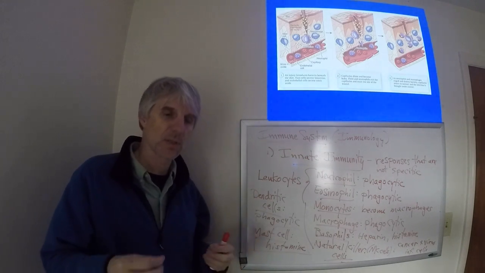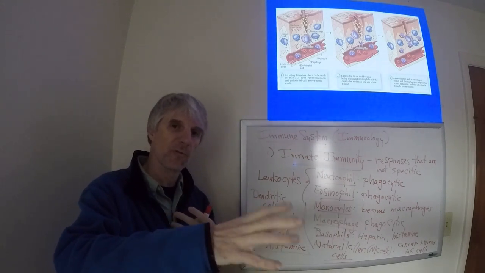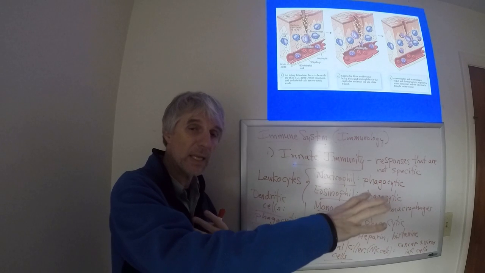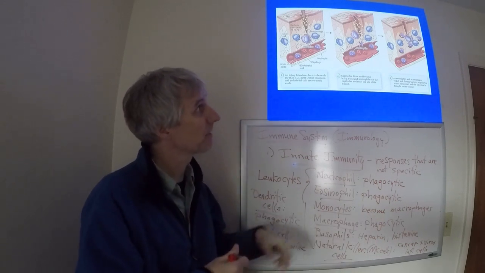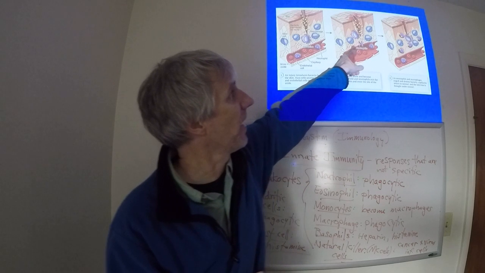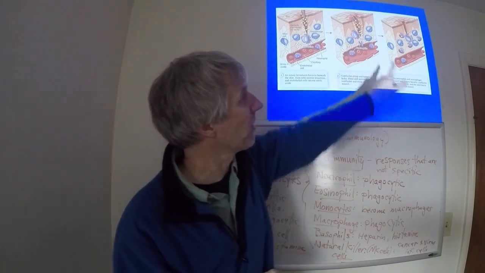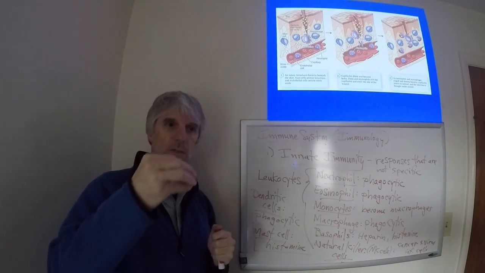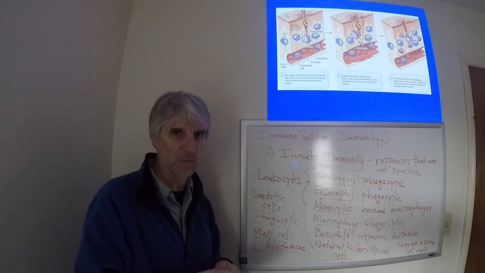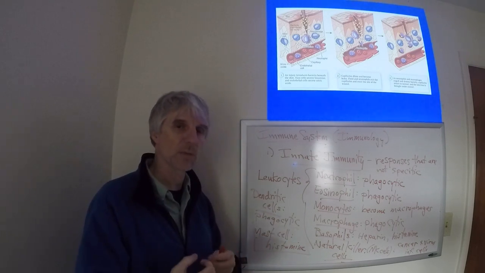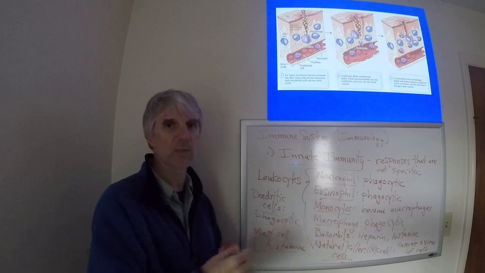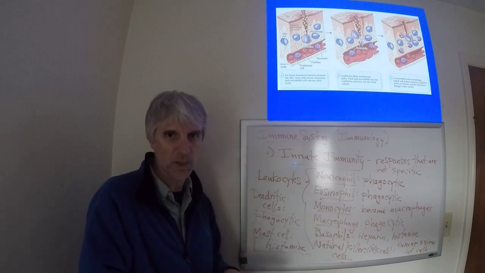The gaps allow the fluid from the circulatory system to leave and move into the area, and the presence of that histamine allows these neutrophils to find the source of the histamine production. So the neutrophils are leaving the circulatory system and moving to the site of infection because ultimately of that histamine production.